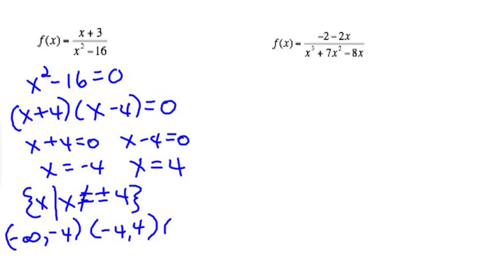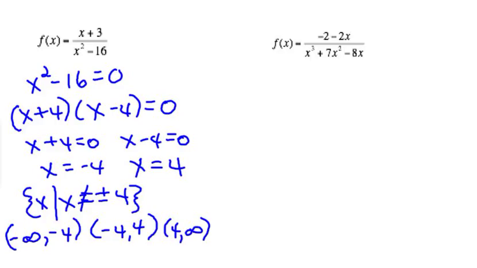And then it could go from positive 4 to infinity. So here's your set builder notation, here's your interval notation, or you could just write x cannot equal plus or minus 4. So that means your domain is all real numbers except plus or minus 4.